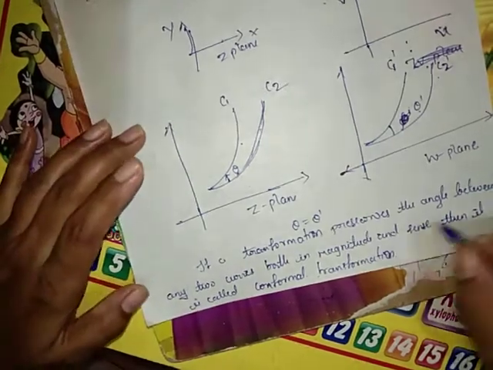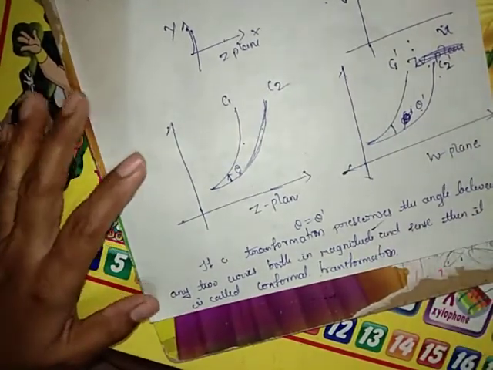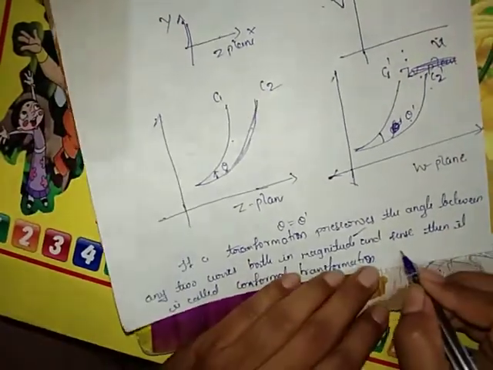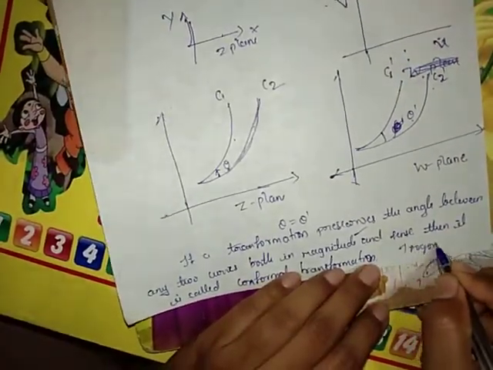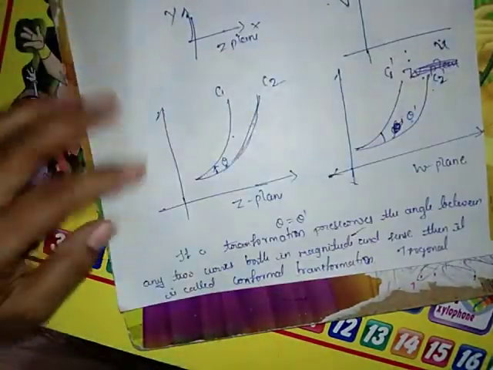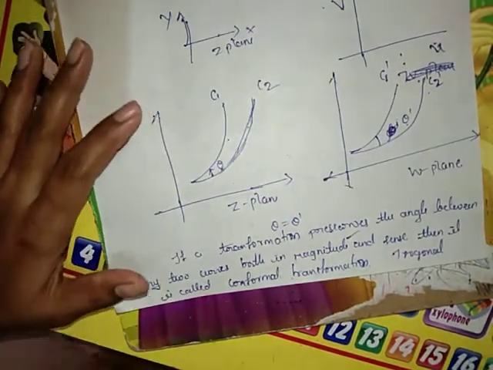Suppose only the magnitude is preserved, not the direction, only the magnitude is preserved, then it is called an isogonal transformation. If only the magnitude of the angle is preserved, then the transformation is called isogonal.